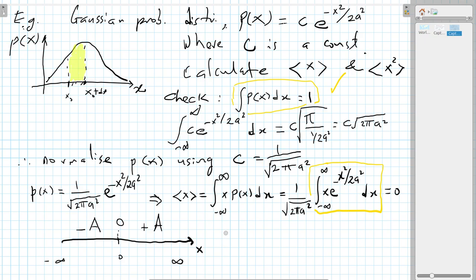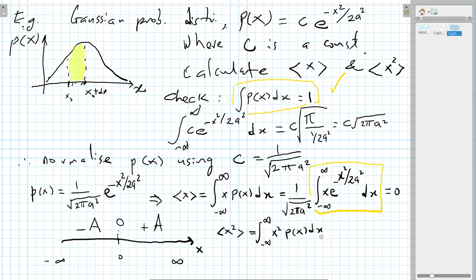I think I can still write here. So I'm going to do that for computing the average of x squared. The average of x squared is going to be the integration from minus infinity to plus infinity of x squared times p of x dx.